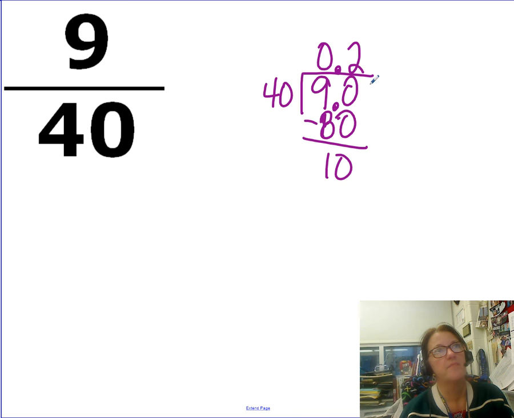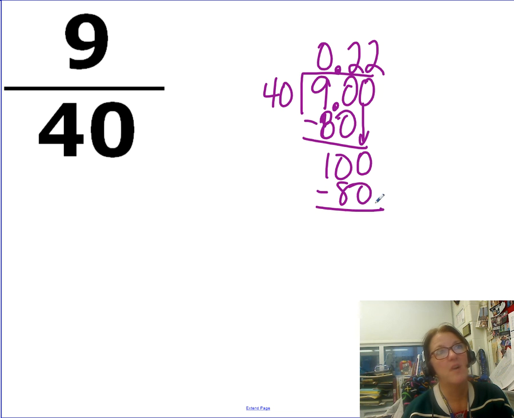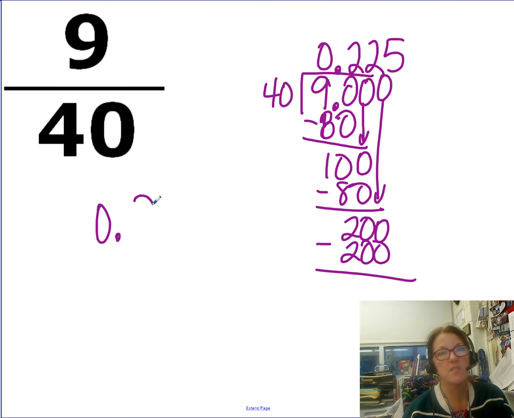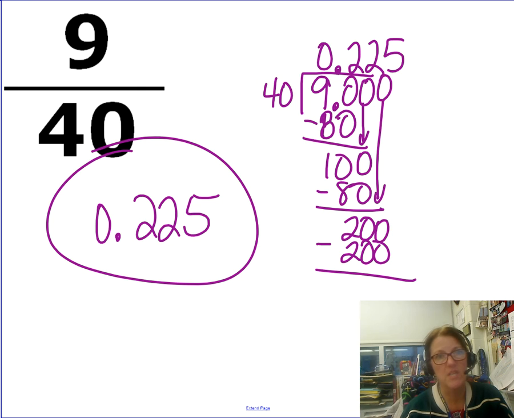Subtract, add a 0, bring it on down. 40, 80, I can only go twice again, but I get a different remainder, so I'm not repeating it, okay? I have to add a 0 and bring it on down. 40 into 200 is 5. Exactly 200. Done. This decimal was a little longer, 225 thousandths, but it did terminate.